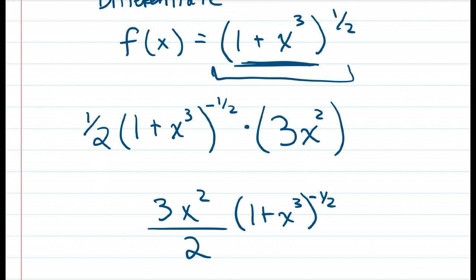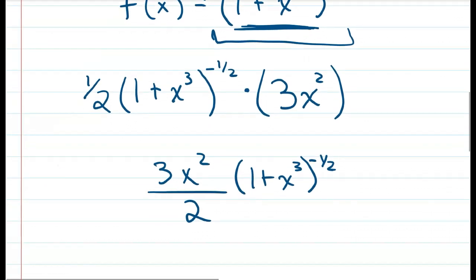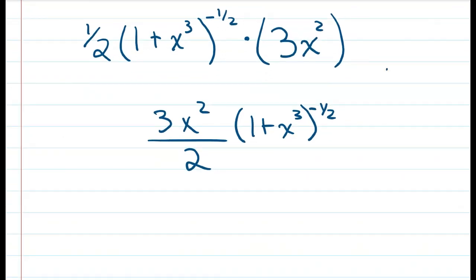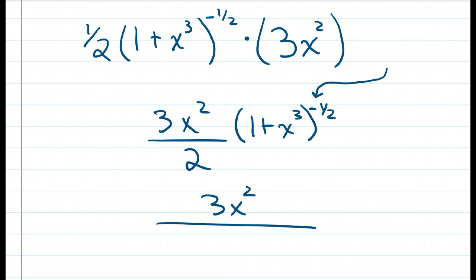So now let's take a look at that negative exponent. What does that mean? That means if we have 3x to the second in the numerator, that negative exponent brings that whole quantity, that 1 plus x to the third, to the denominator, while the 2 is already there.